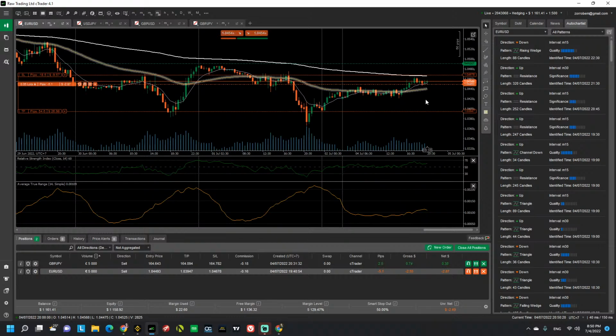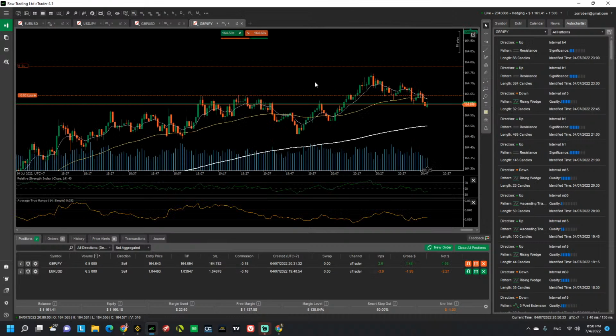So it's sitting in between. Let's see what happens. This one is the pound yen. Okay, hopefully it continues down.